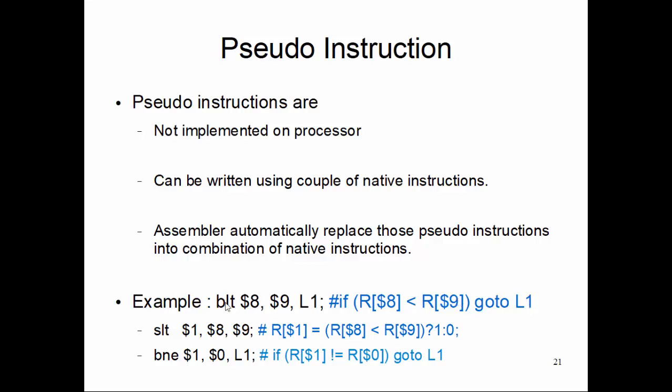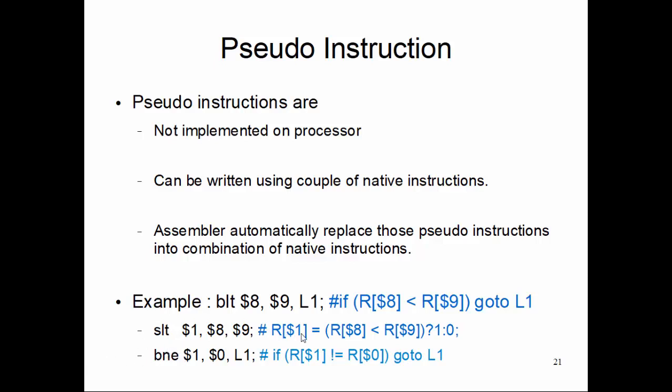That's all. But this is a pseudo instruction. BLT is nowhere in the list of the MIPS instruction set. In fact, you can use it in the code. It looks like a native instruction, but the assembler will replace it with two instructions: SLT, which is a basic instruction, and BNE, which is another basic instruction for MIPS.